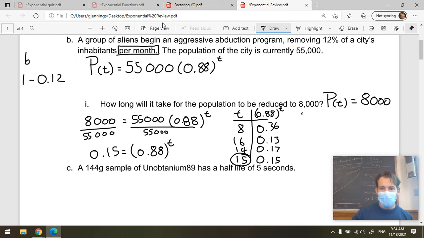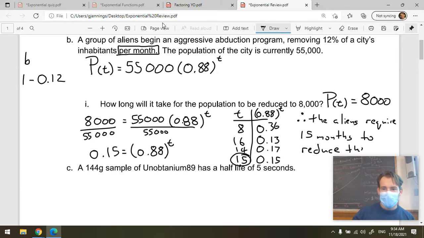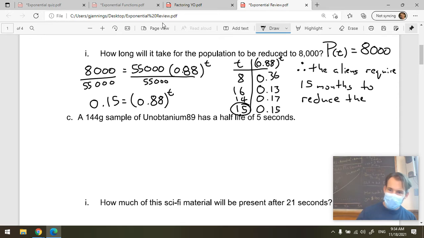So therefore, the aliens require 15 months, or a year and a quarter, to reduce the population to 8,000.